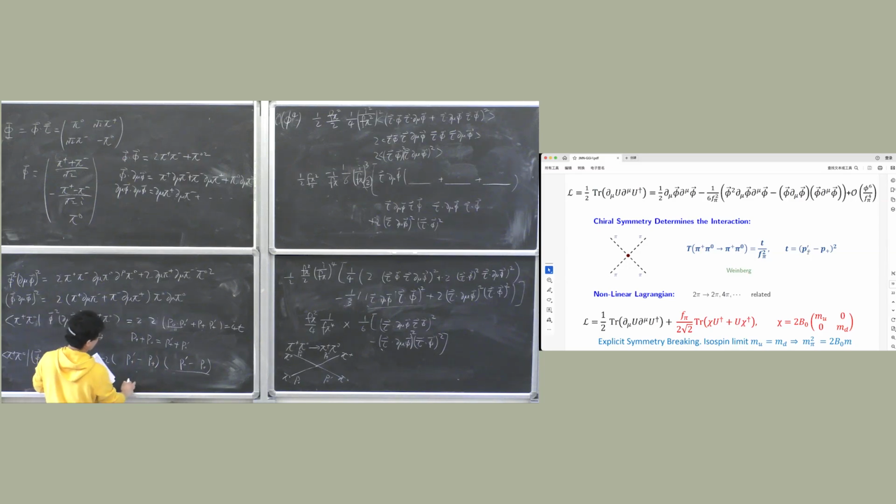So these two just give the minus 2t. So it's 2t. So these two contributions added together, we have 6t.